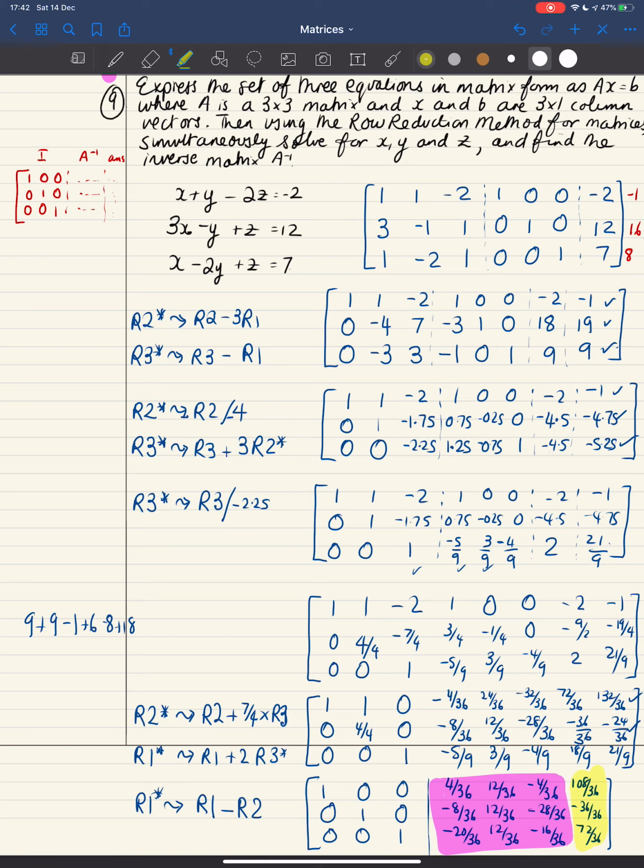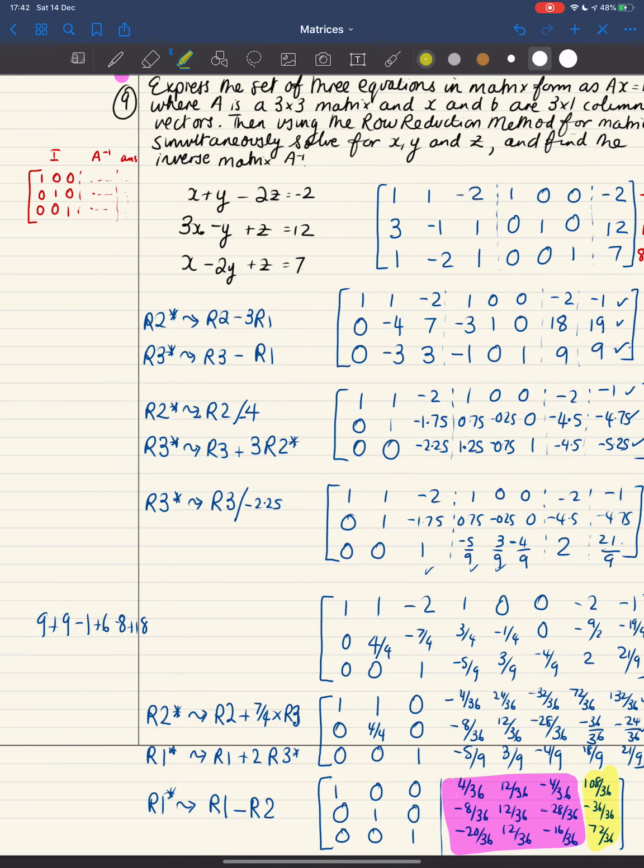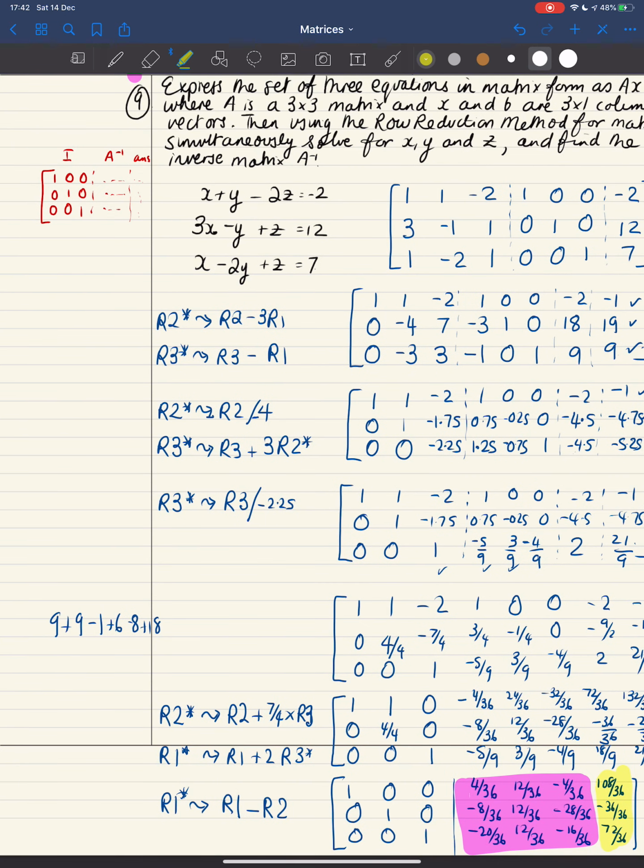So I'm just going to go onto the other side. So the inverse matrix is, there's another one on the other side. The inverse matrix is the pink, and then the X, Y, Z are the yellow.